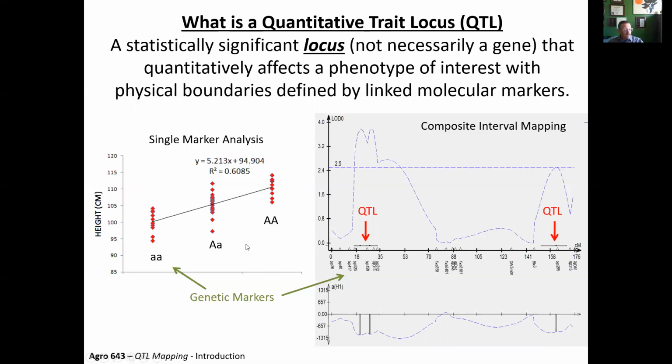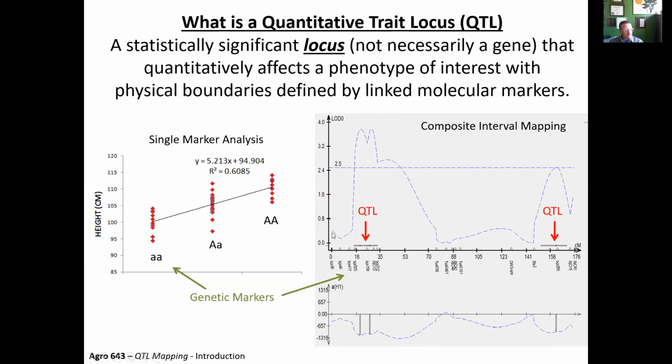phenotypes. Now, when we run this in a mapping software, and I apologize, this is a little bit old, QTL Cartographer from North Carolina State University, this is one of the output files. What this is showing in composite interval mapping, which allows you to connect different markers across the genome, is where we see the most significant effect, the most likely position for a locus affecting our trait.